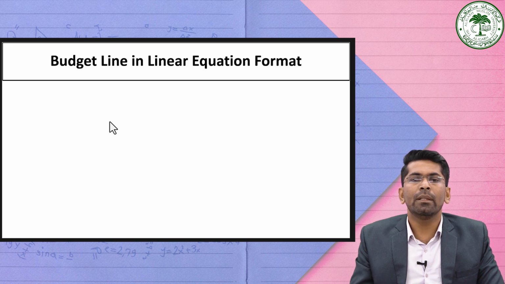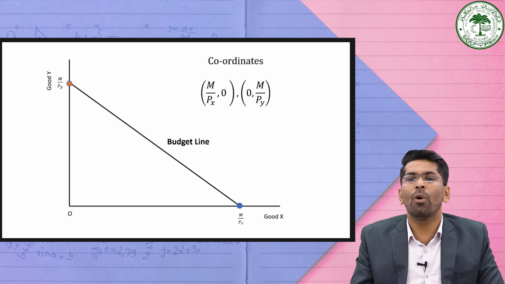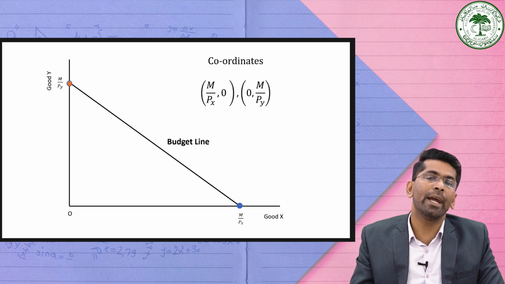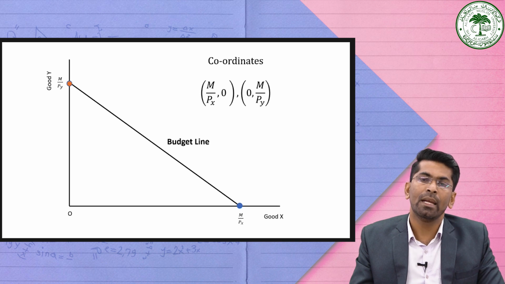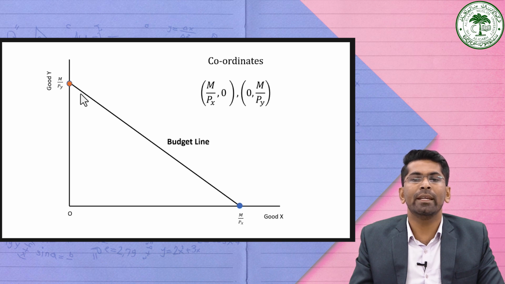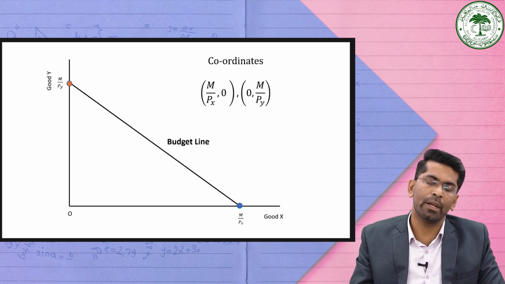So the position and the slope of the budget line are determined by the consumer income and the prices of the two commodities being considered. And the intercepts of the budget line on both axes represent the maximum quantity of each commodity that can be purchased when all income is spent on that particular commodity.